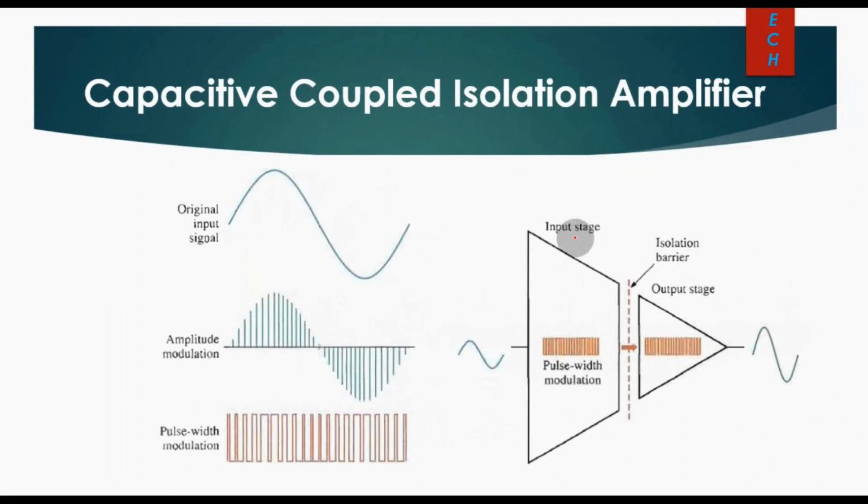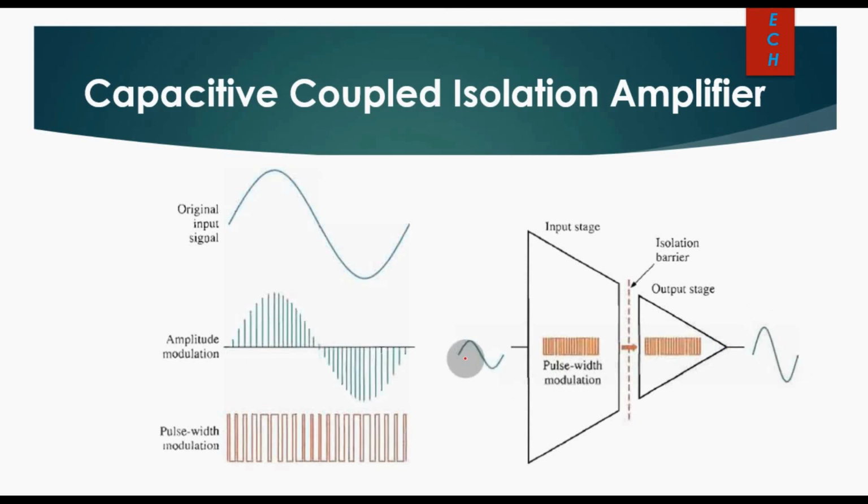So here you can see this is the block of capacitive coupled isolation amplifier. You can see there is a symbol here which indicates the isolation barrier between input stage and output stage. Okay, here is your input signal which is being modulated here, and it is pulse width modulation, then it goes with capacitive coupling, then again demodulation process is being done here, then you have an output, amplified output.